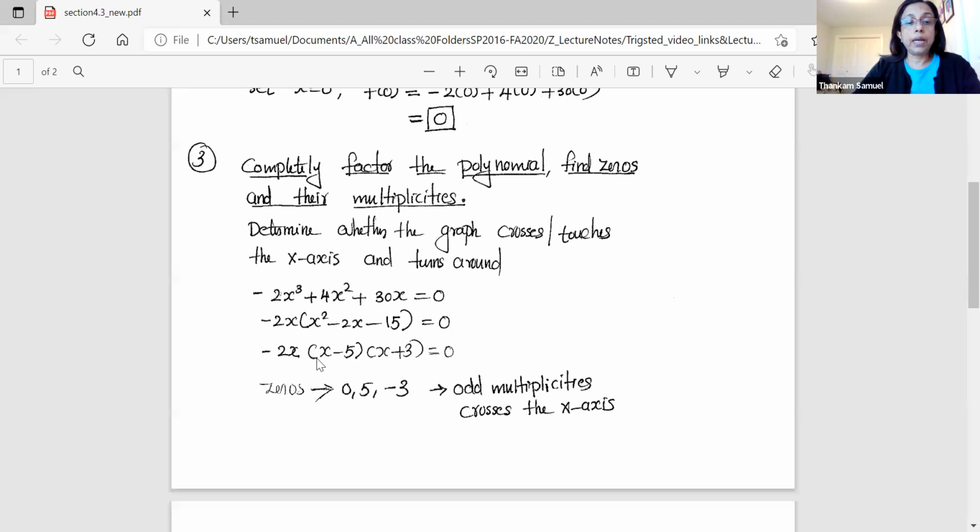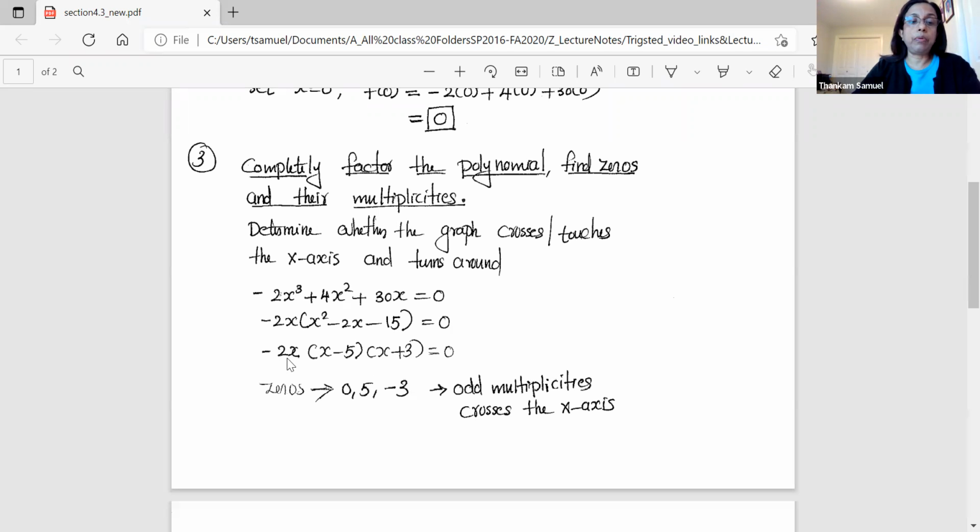So the factors are x minus 5 and x plus 3. When we completely factor this polynomial function, the factors are negative 2x times x minus 5 times x plus 3. Then to get the zeros, we need to set each factor to 0.